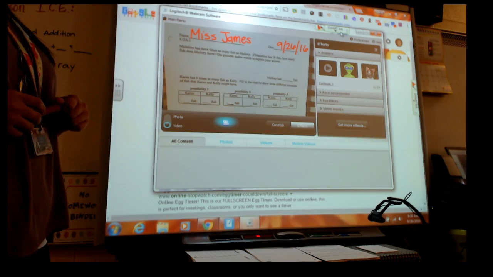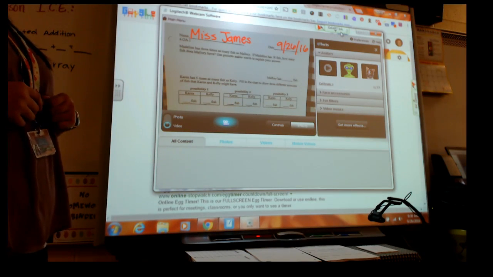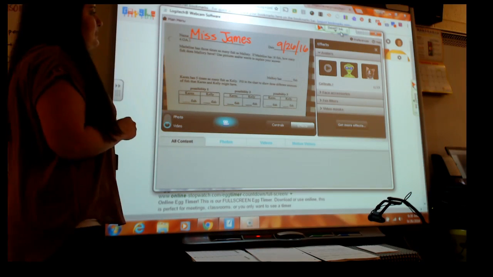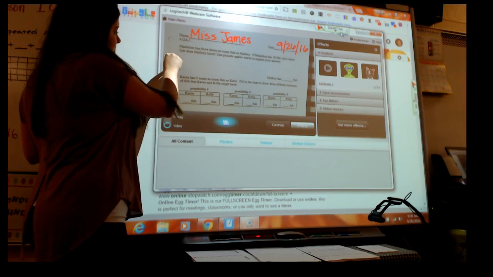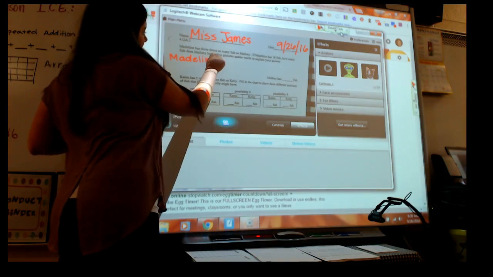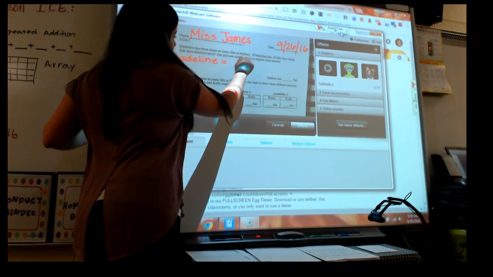If Madeline has 18 fish, how many does Mallory have? Use pictures and or words to explain your answer. So guys, Madeline has how many fish? 18.